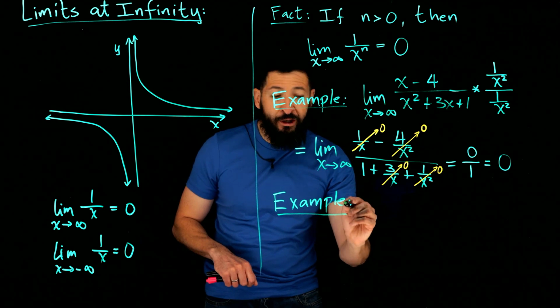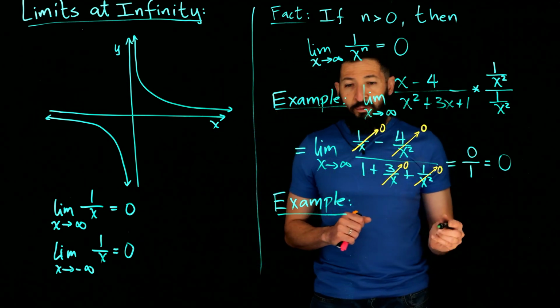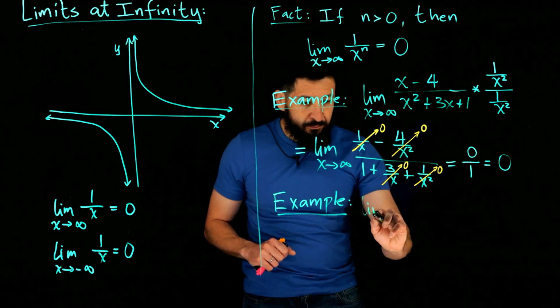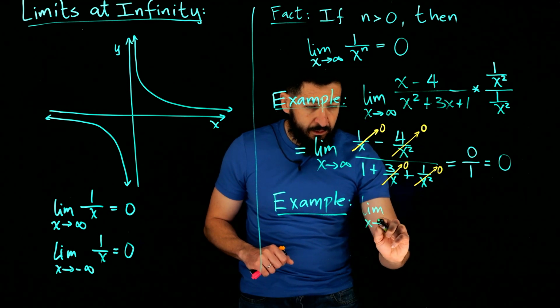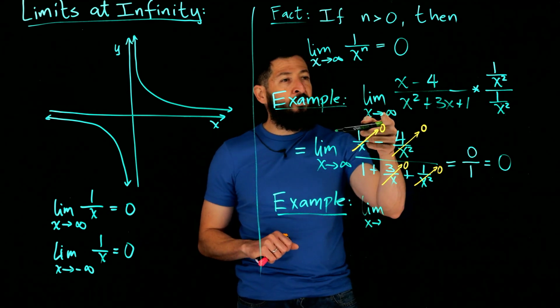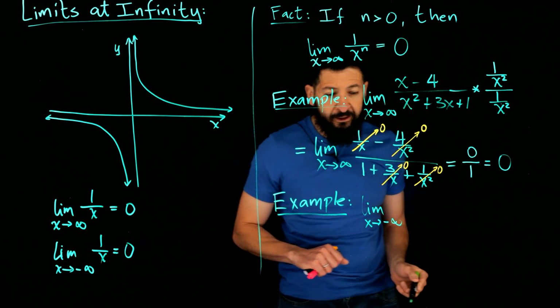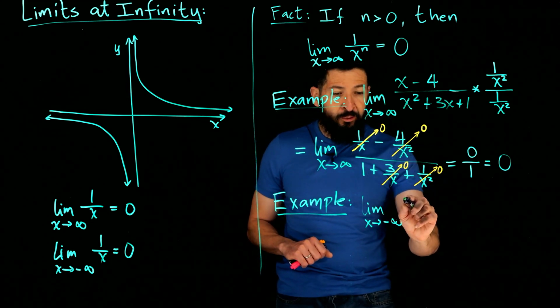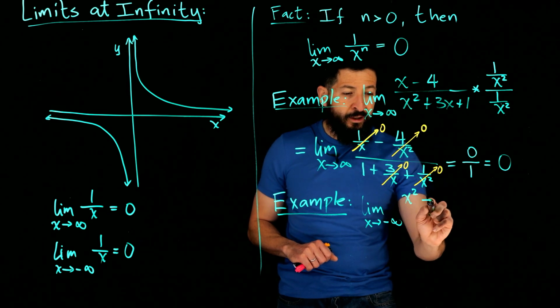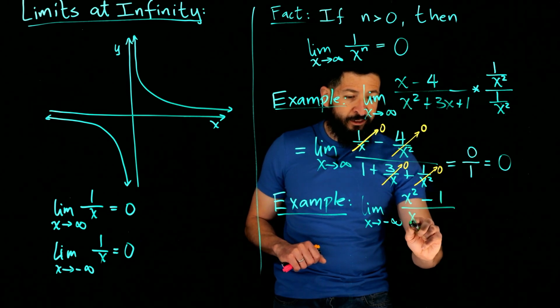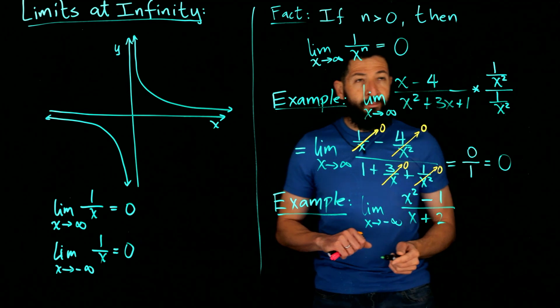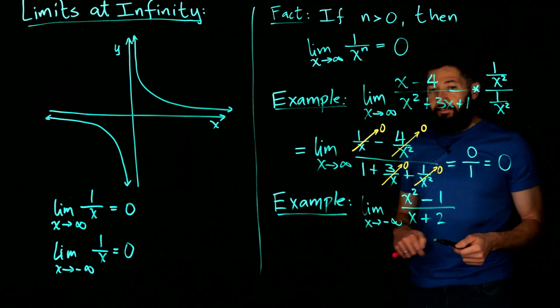Then we're going to write our general rule for rational functions. And of course, I've only been doing positive infinity, but I could have done negative infinity as well. So let's do that. And then let's do something here with an x squared minus 1 over x plus 2, for example. So something simple to compute there.